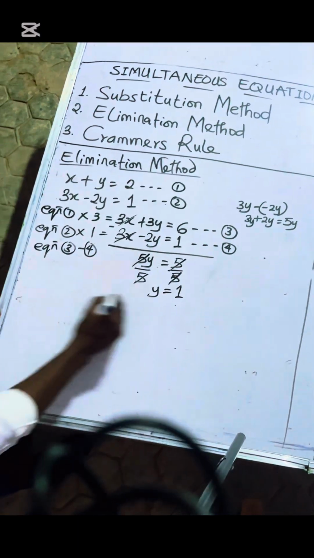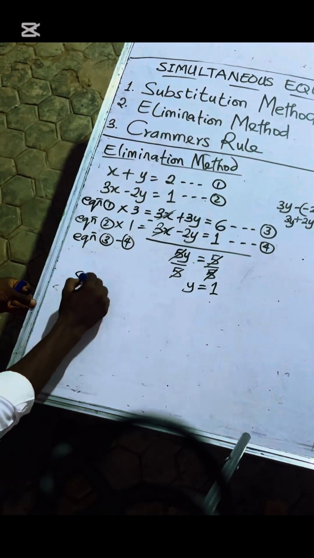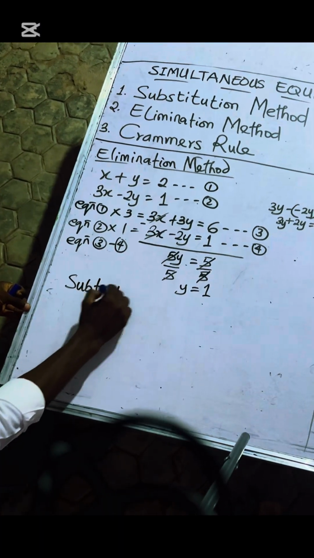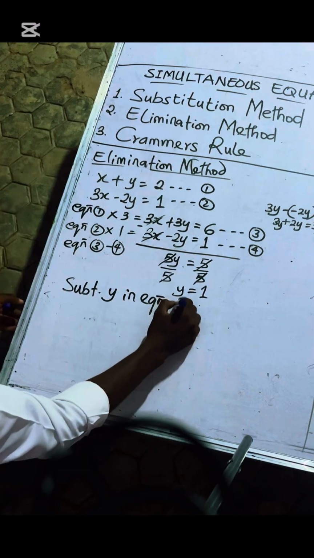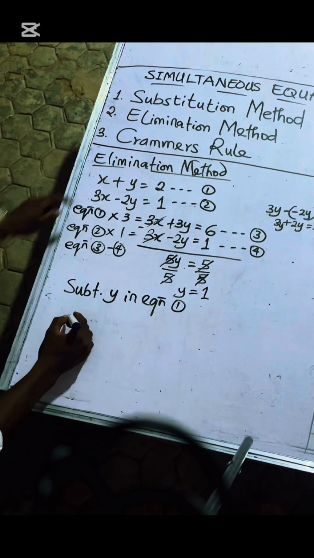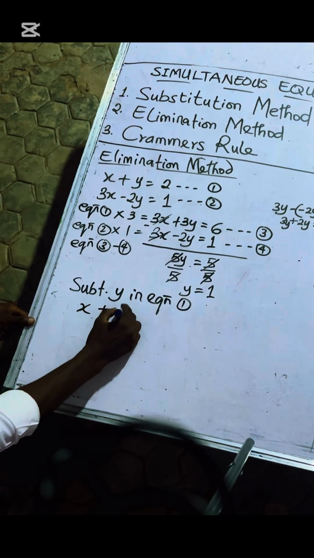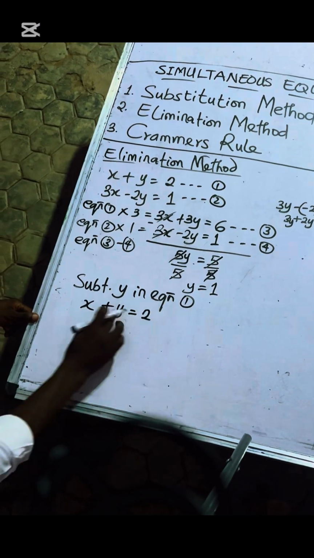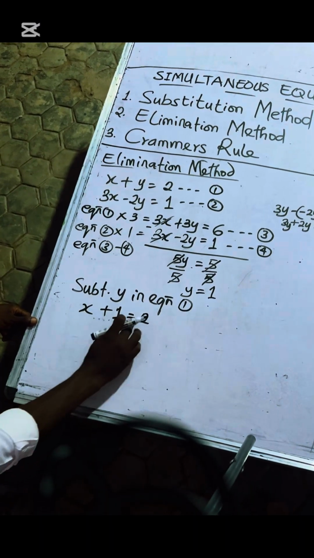Okay, don't rejoice yet. Let's confirm if my x can give us 1. Now substitute y in equation, let's say equation 1, jumping back to my equation 1, this is x plus y is equal to 2. Sorry, my y is 1. x plus 1 is equal to 2.